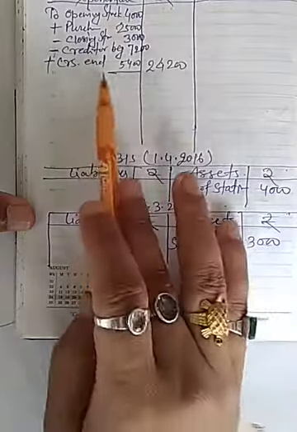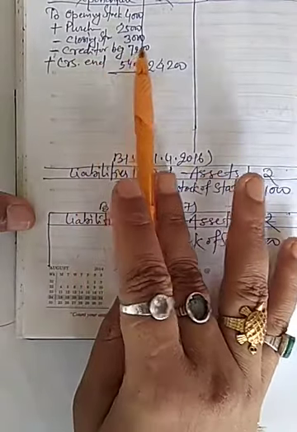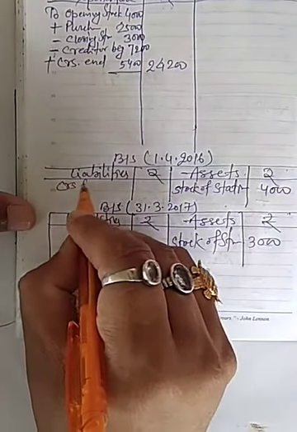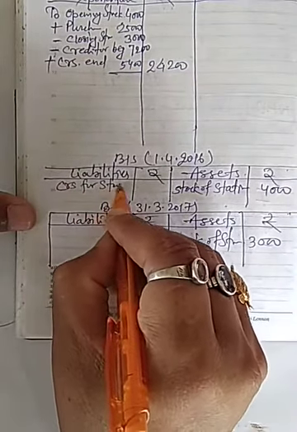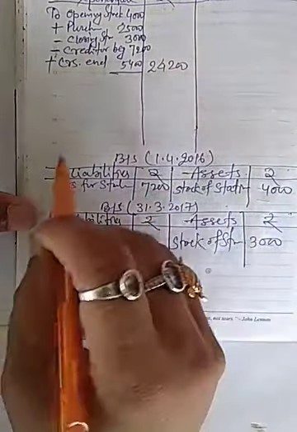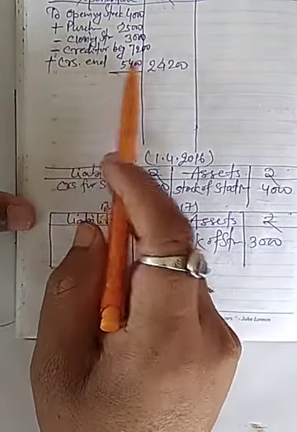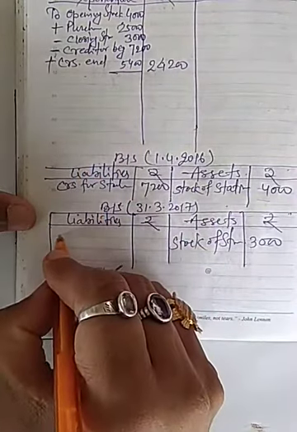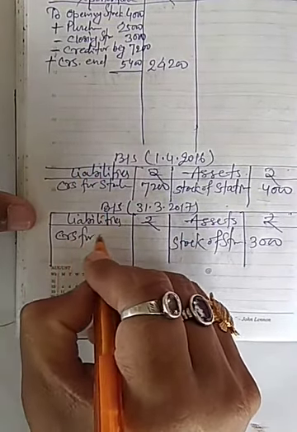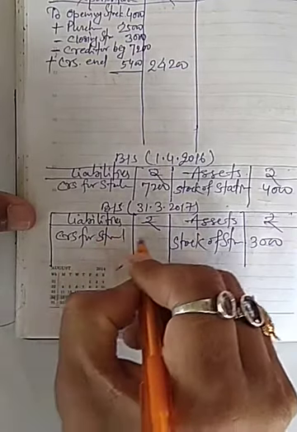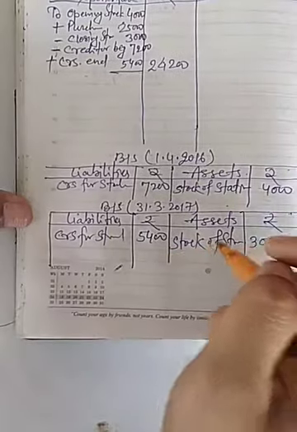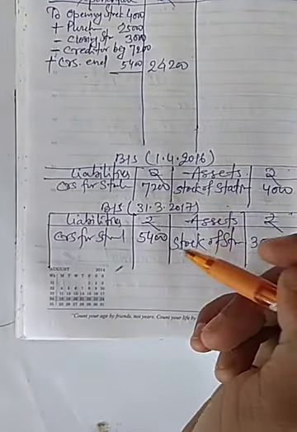Now it is given creditors at the beginning, so I will write creditors for stationery, given as 7,200, and creditors at the end. So creditors for stationery will be 5,400. So this is the solution of the question.